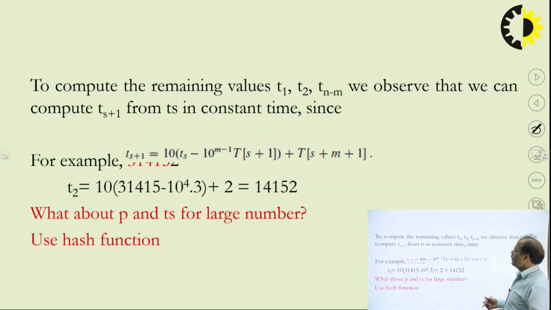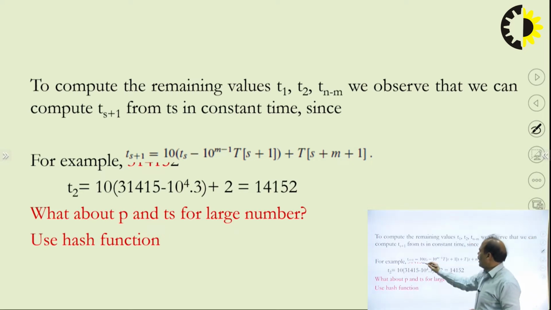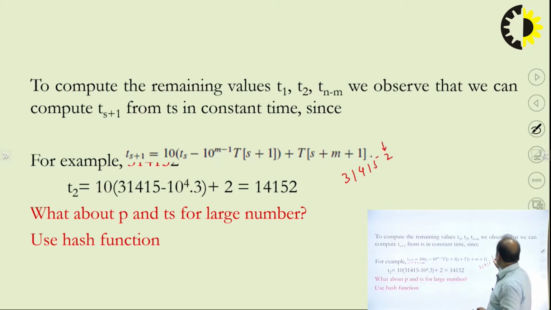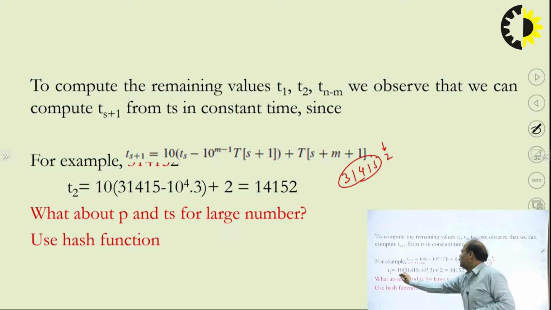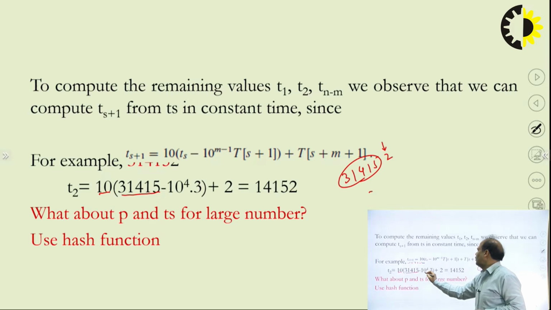Okay. So to compute the remaining values, we use this formula of the hashing function. So TS plus 1 is 10 times... Actually, this is a very simple method. Suppose we have 3, 1, 4, 1, 5 and 2. This is the next one, and we know its value already. So what will happen? In base 10, remove this 3 from here. So 3, 1, 4, 1, 5 minus, we need to remove 3.